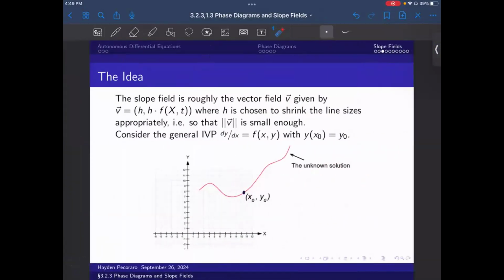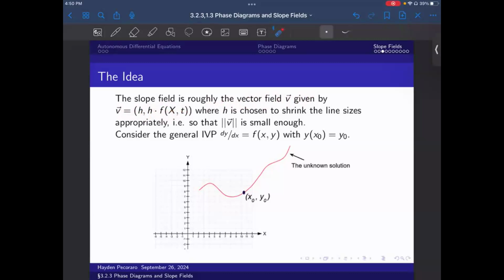Okay. So what's the idea? So the slope field is basically the vector field given by this formula, where h is just there to scale the size of the vector. But the y coordinate is telling you what direction this vector should point.